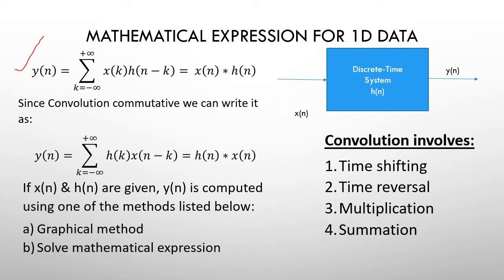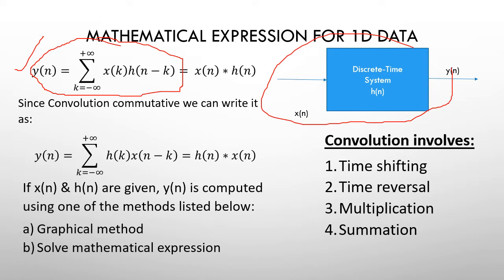The mathematical expression for convolution sum is shown here. So this is the mathematical expression for y of n. Y of n is the system response as shown in this particular block diagram. You have x of n, which is the input to the system, h of n is the impulse response, and y of n is the response or output of the system.